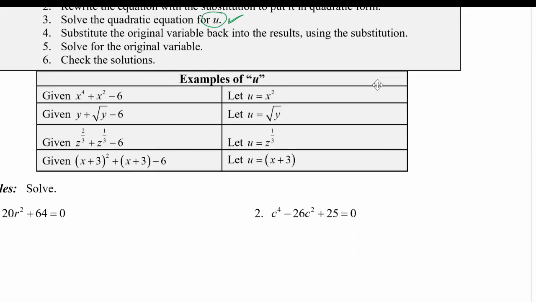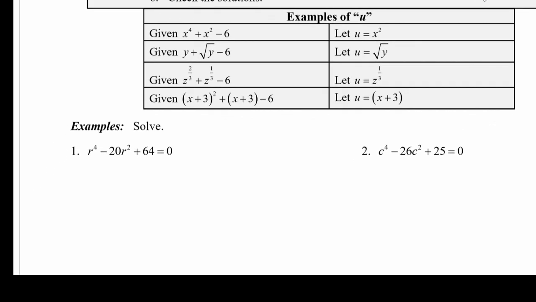Okay, so example 1, you've got r to the 4th minus 20r squared plus 64 equals 0, which is not a quadratic because it's degree 4, right? R to the 4th. But if I write my quadratic equation right on top of it, and I'm going to actually use this new variable u that we're going to be introducing here.